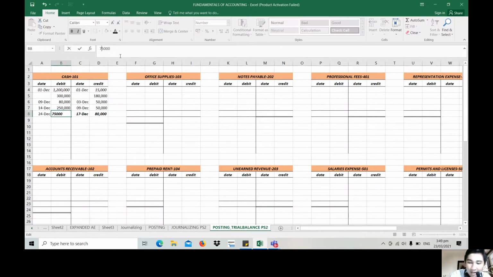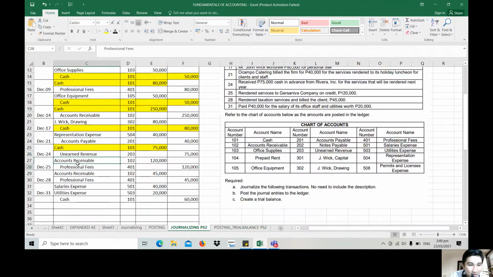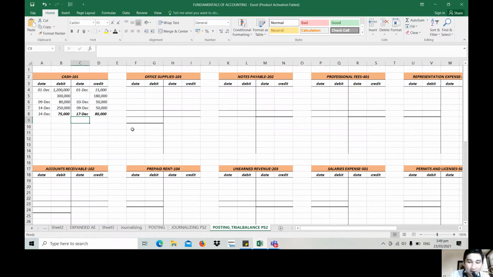So, kailangan we have to be careful. Meron pa bang cash? Unearned. Ayan. Eto, last na. Okay. So, another credit cash December 31, 60,000. Okay. So, wag nating i-bold, wag din nating i-italics.